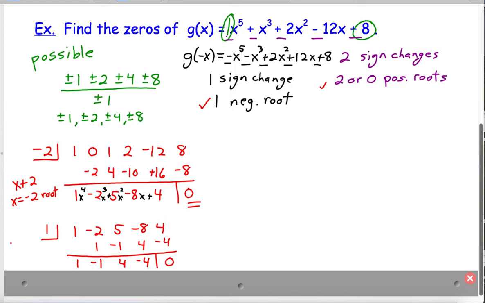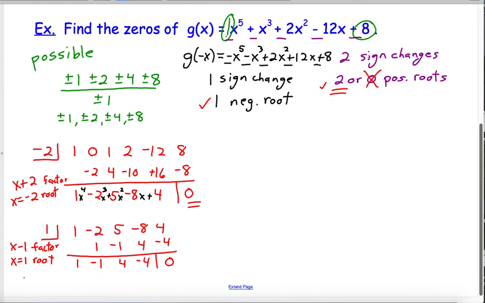So I know that x minus 1 is a factor, and that x equals 1 is a root, or a 0. Okay, so I found 2 of the zeros. Now that I found one positive root, I know that there's not 0 positive roots, so there has to be another positive root.